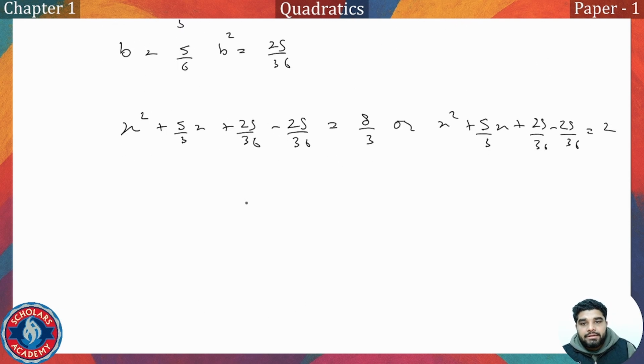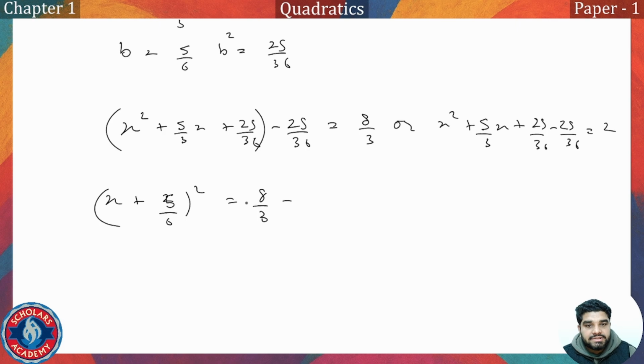We get (x + 5/6)² = 8/3 + 25/36, the negative going to the other side and becoming plus, or (x + 5/6)² = 2 + 25/36.